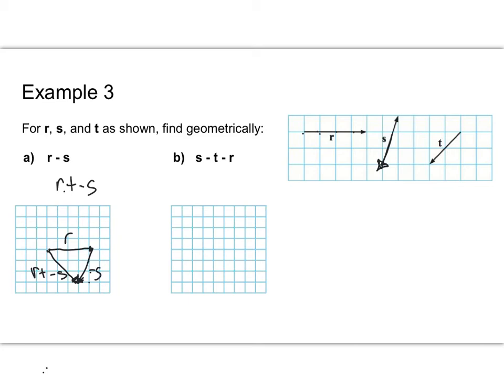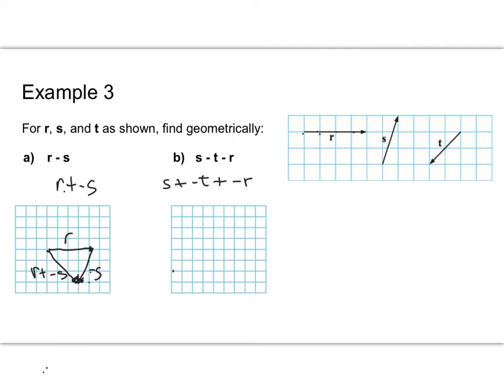I could use a bigger grid. So this time I'm going to go all out and subtract 2 vectors from s. So it's going to be s minus t minus r, or s plus negative t plus negative r. Let's see what kind of mess we end up with. So I'm starting out with s.